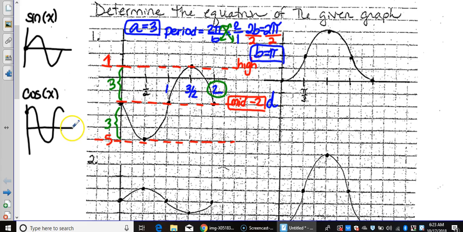So which one is closer? Well, the one that's closer is sine of x. And the reason why I say closer versus match exactly is that here, sine of x starts at 0 and goes up. This is starting at the midline, which is kind of like our new 0, but it's going down. So it means that we have a reflection.